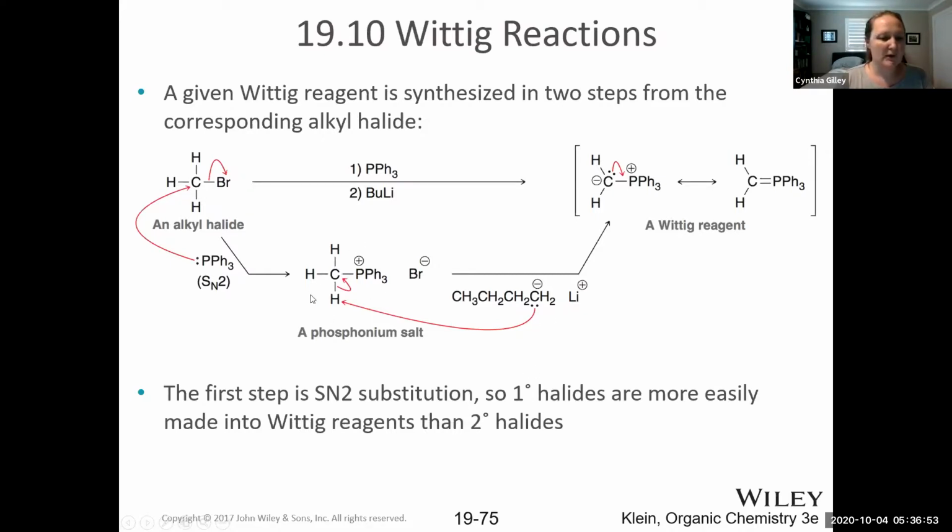But there's no carbonyl here. All there are are acidic protons, so we can do a deprotonation to form the Wittig reagent. So 2 steps: from an alkyl halide that's ideally unhindered, treatment with triphenylphosphine to form the phosphonium salt, deprotonation with butyllithium gives us the ylide, also known as the Wittig reagent.